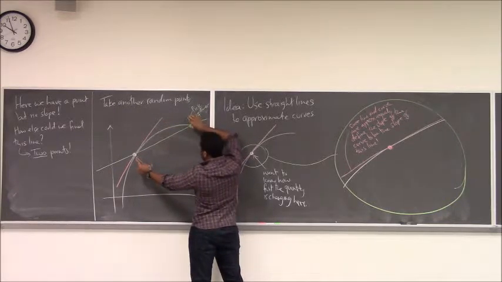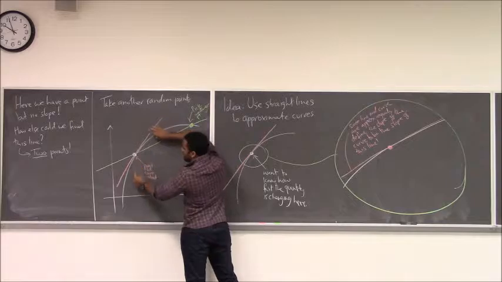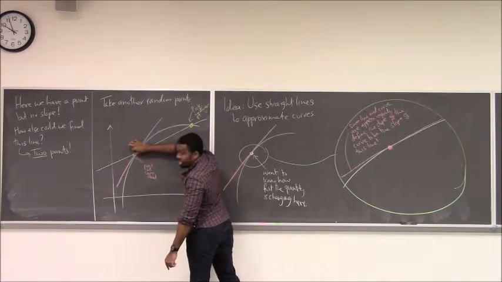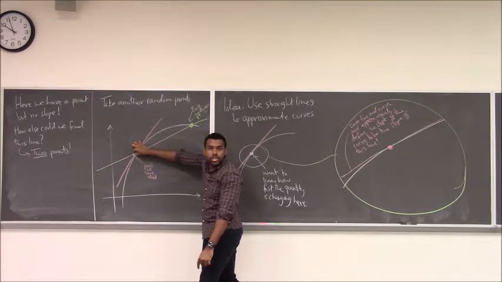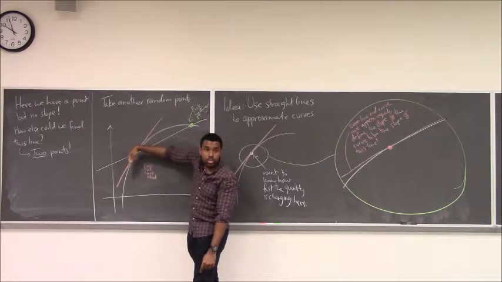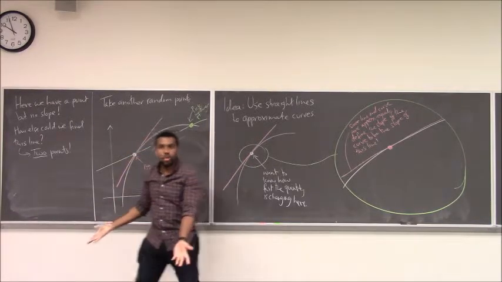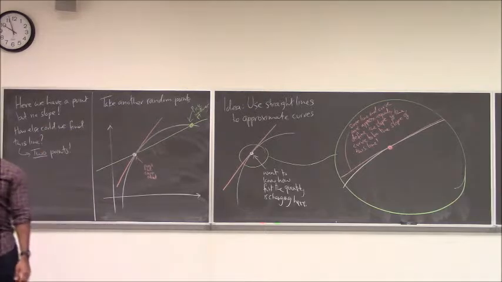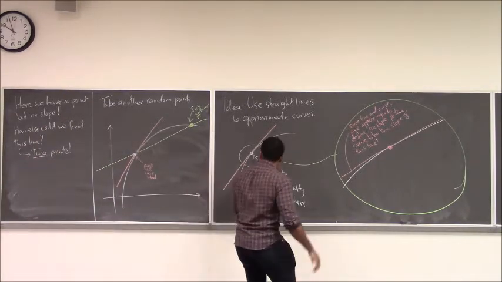What if I allow that point to move till it's right beside this one? So close that there's no practical difference between the two, right? They're right beside each other. Then, drawing a line between the 2 points would be like drawing a line between 1 point, right? So that's the idea.